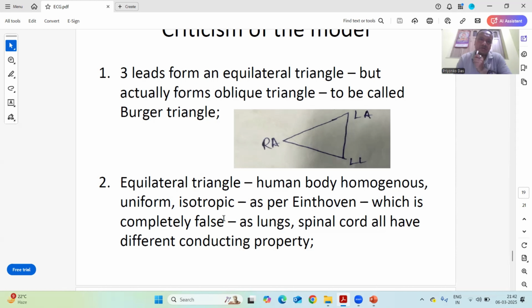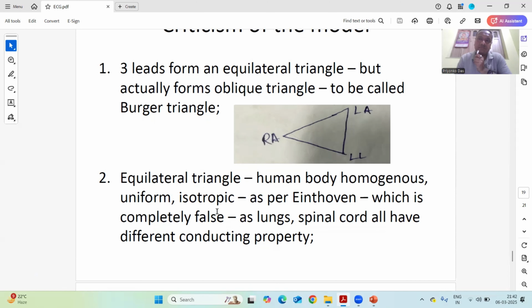So his second assumption is again completely false. Why? The property of lungs and the property of spinal cord all have different conducting properties. So both the assumptions are wrong.